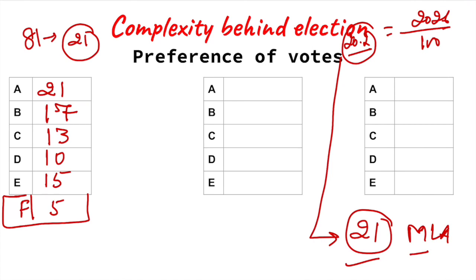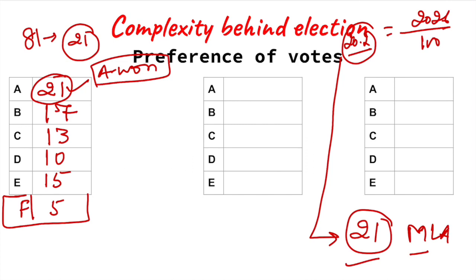Understood? According to the quota we have achieved, the one who has 21 votes will get elected. So A matches, and A will be elected directly to the Rajya Sabha, but there is a vacancy of 3 seats.